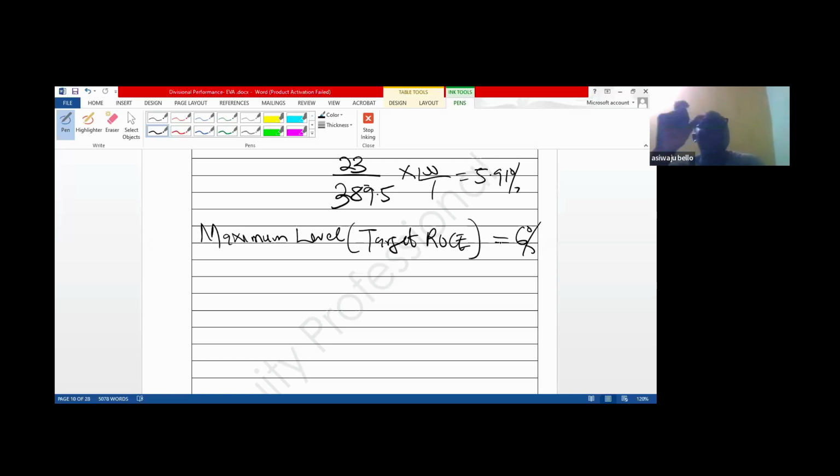If this figure goes beyond 6%, your company will be liable to penalty. In order to avoid penalty, you are not charging higher prices. That will have impacts on your performance.